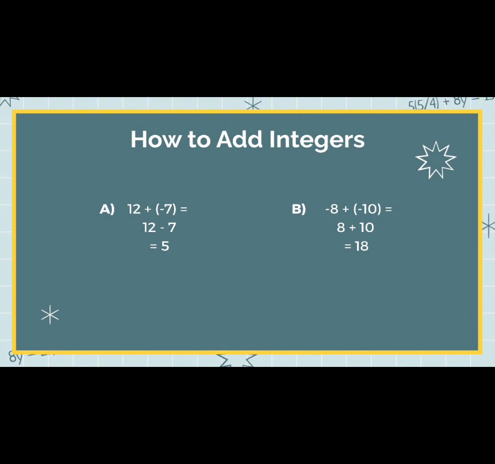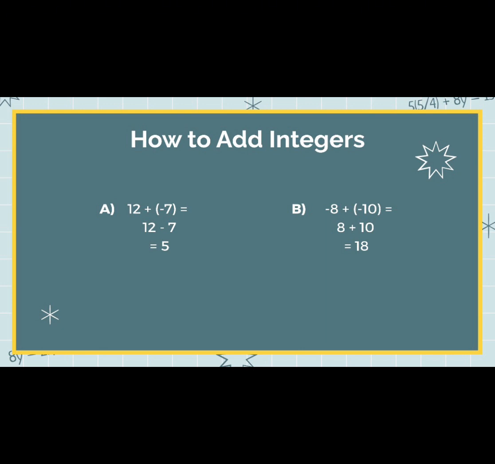Now let's move on to number 2, where we have negative 8 plus negative 10. Here we have two negatives, so the same signs. So we're going to add the absolute values and use the same sign. Let's start by taking a look at the absolute value of negative 8 and negative 10.